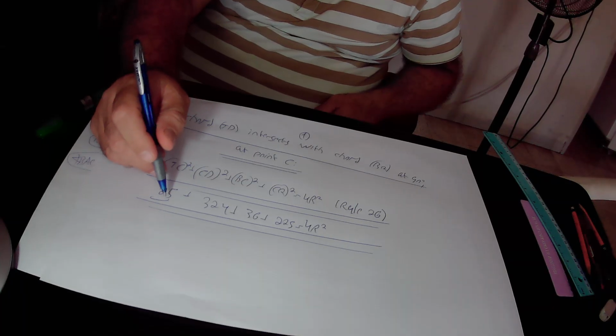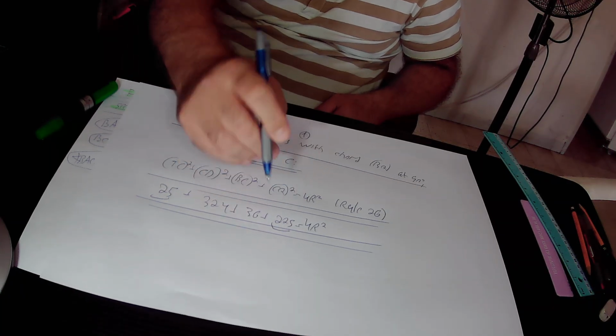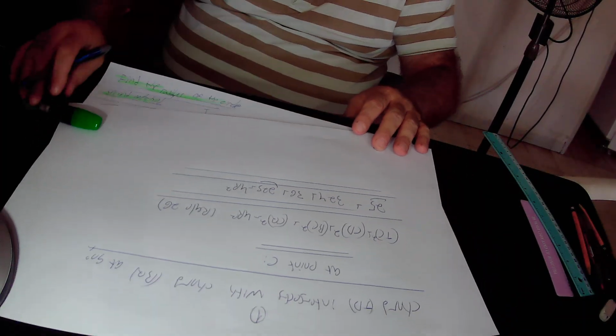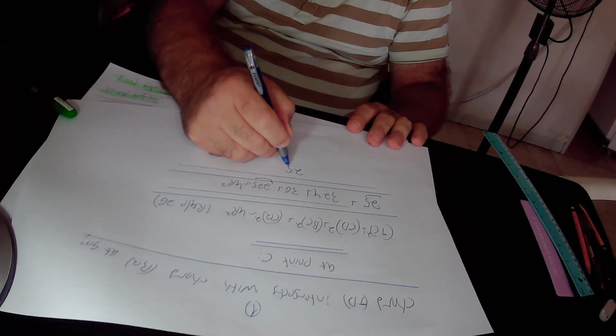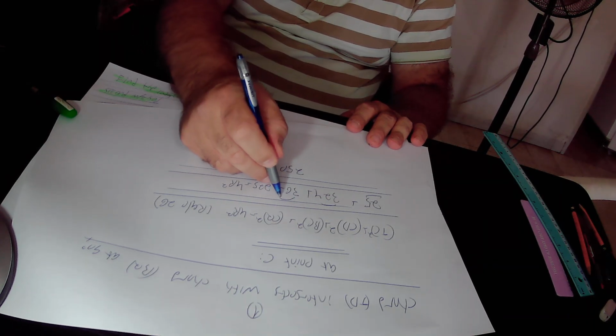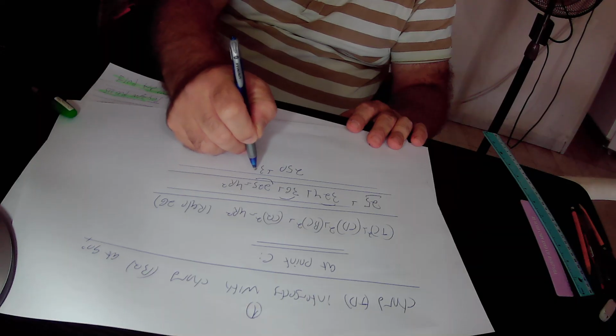25 plus 225 is 250. So we have 250. And 324 plus 36 is 360.